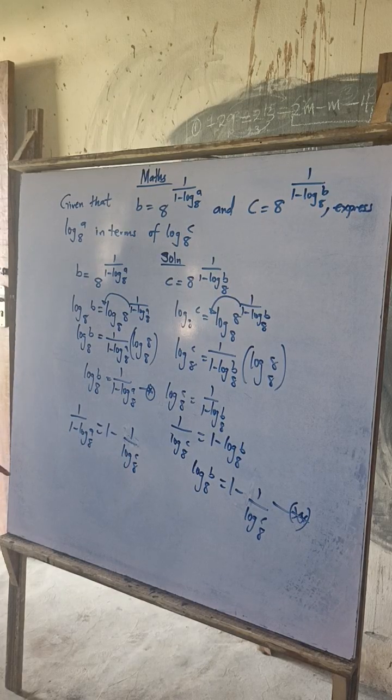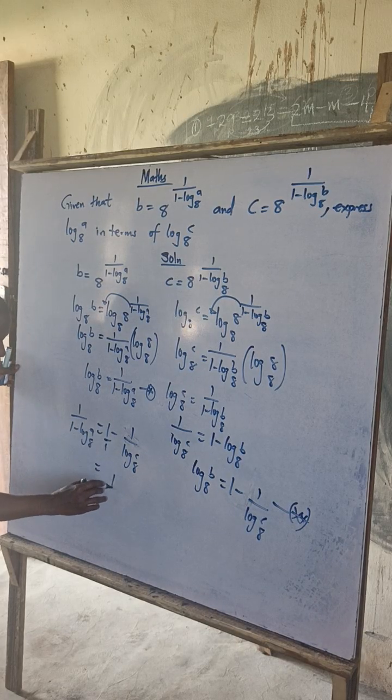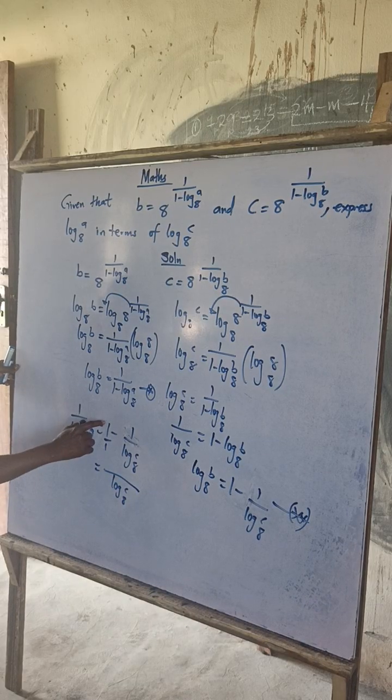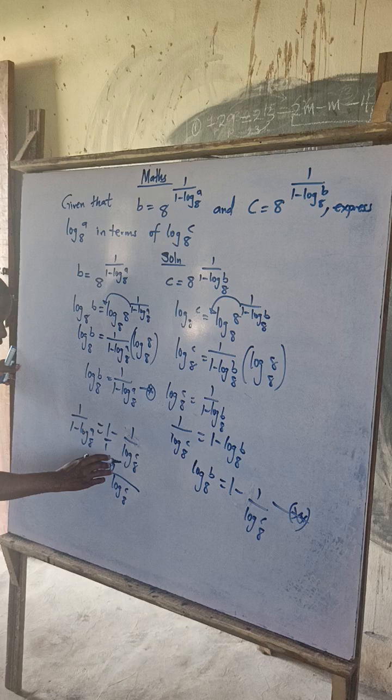Now let's find the LCM here: the LCM is log c to base 8, so we have log c to base 8 minus 1 over log c to base 8. So we have 1 over 1 minus log a to base 8.